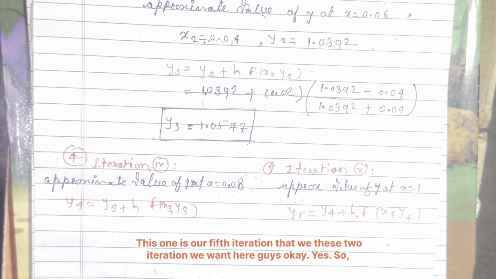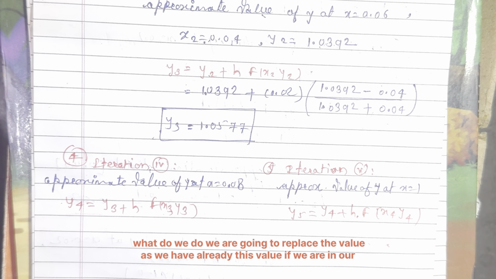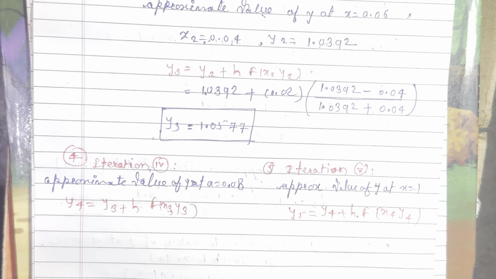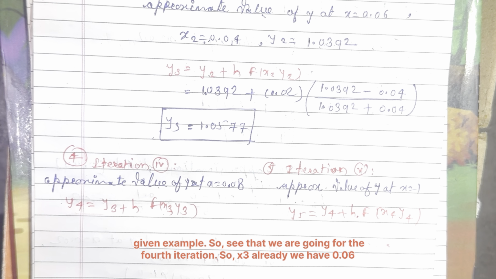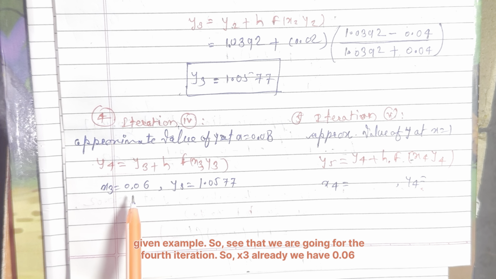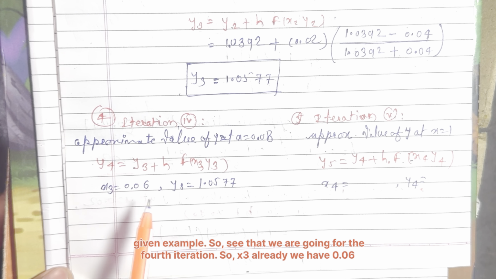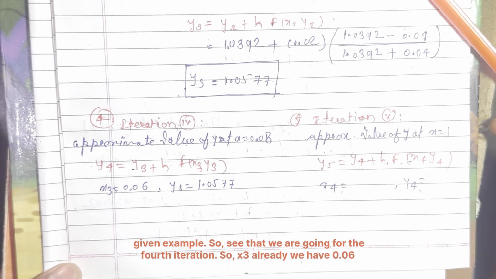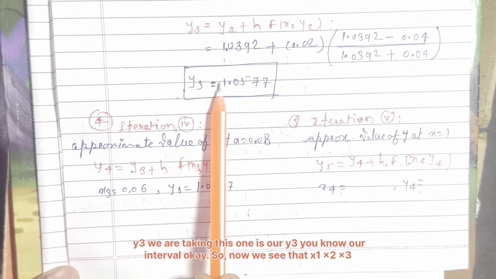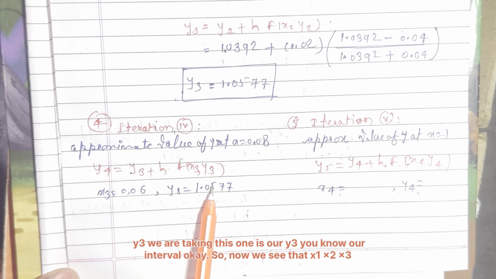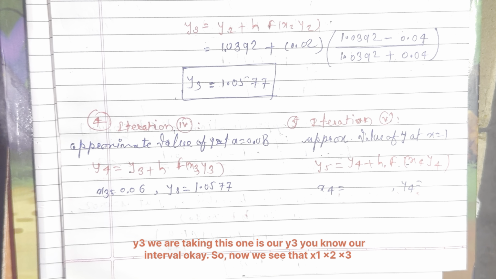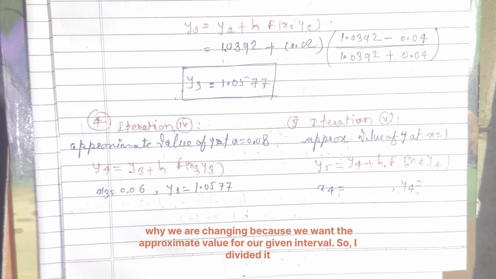These 2 iterations we want here, guys. We are going to replace the values as we already have them in our given example. For the fourth iteration, x3 we already have as 0.06, and this is our y3 in our interval. See that x1, x2, x3 we are changing because we want the approximate value for our given interval.